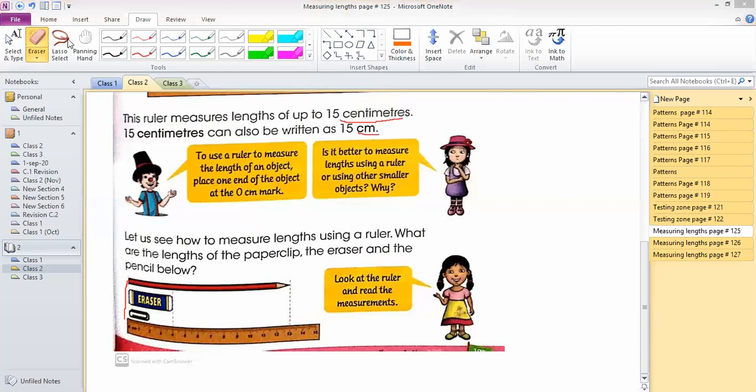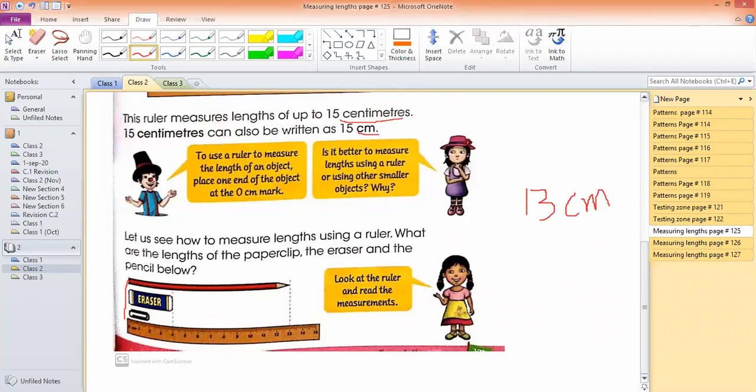How much long? I will say, students, this pencil is 13 centimeter. I will write centimeter as cm, 13 cm long. How could I measure any pencil?